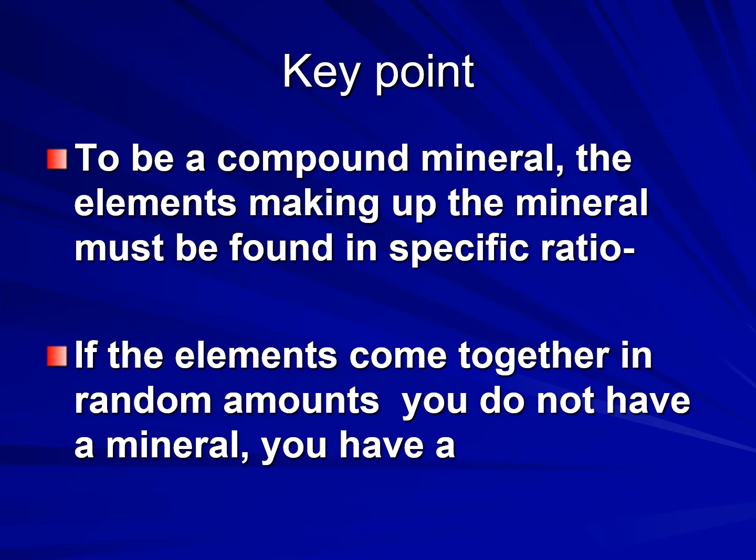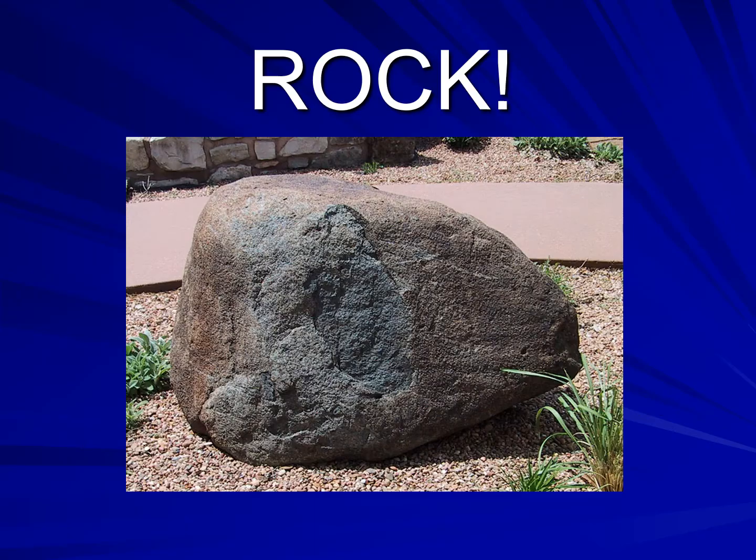If you have a whole bunch of elements, maybe a magma flow that's started to solidify and it's made up of all sorts of different elements, not in exact ratios, you still have a solid surface, but you don't have what we call a mineral. You have a rock. And that's what the next chapter is on, but we'll get to those.